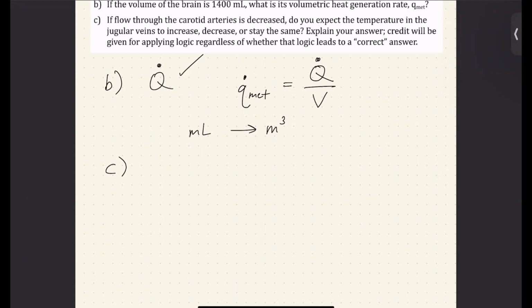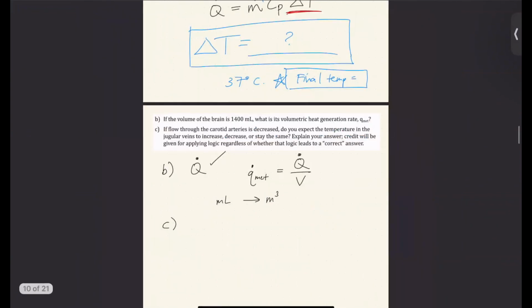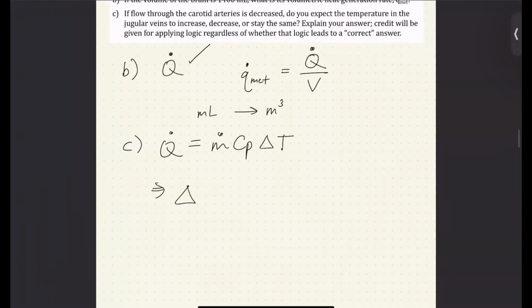My tip for this question is to think about what we just defined as the equation for our Q. We said delta Q is equal to M CP delta T. So we are solving for delta T, we want to see that change in temperature. So that means it's going to be Q over M CP.